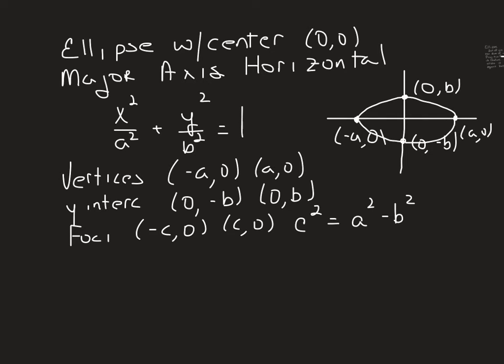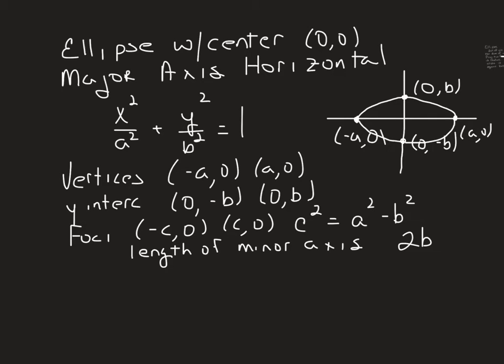Okay, so that's a quick sketch of that ellipse. The length of the minor axis is 2b. Okay, so the length of the major axis with the center at (0, 0) is 2a.